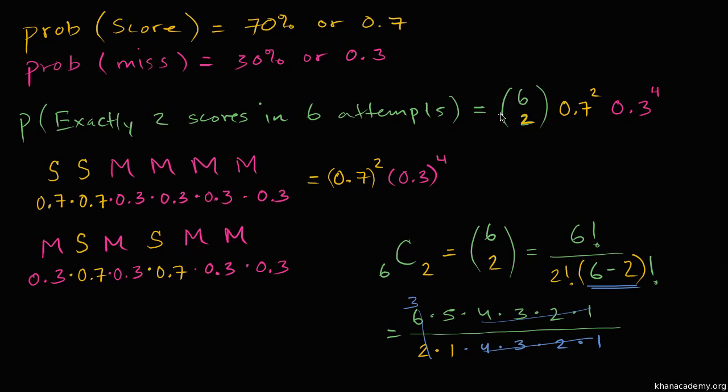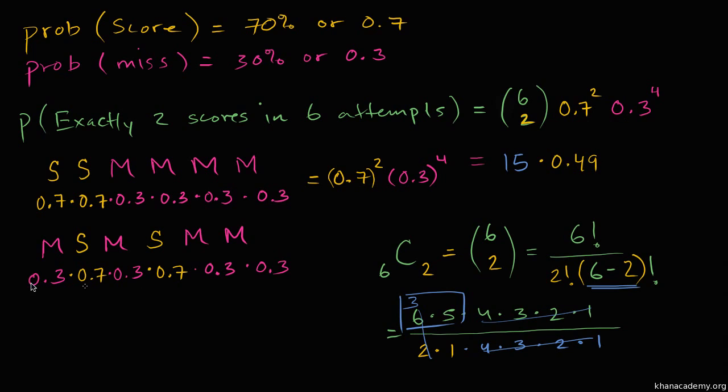And now what is this value? Well, we have our 15, 3 times 5. So we have this business right over here. It's going to be 15 times, let's see, 0.7 times 0.7 is going to be 0.49.